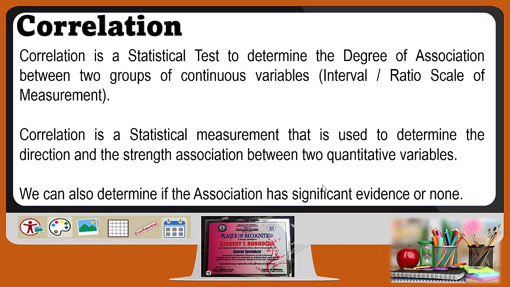All right. So let's say for example in this correlation, if your data is a continuous variable, okay, then you can use the Pearson product moment correlation. When your data again is continuous, or in an interval or ratio scale of measurement, you can use the Pearson product moment correlation.